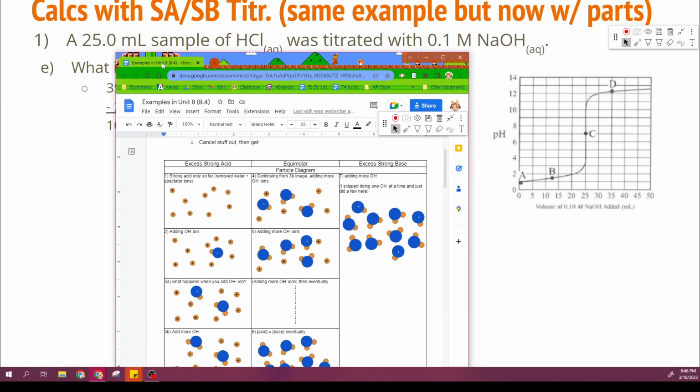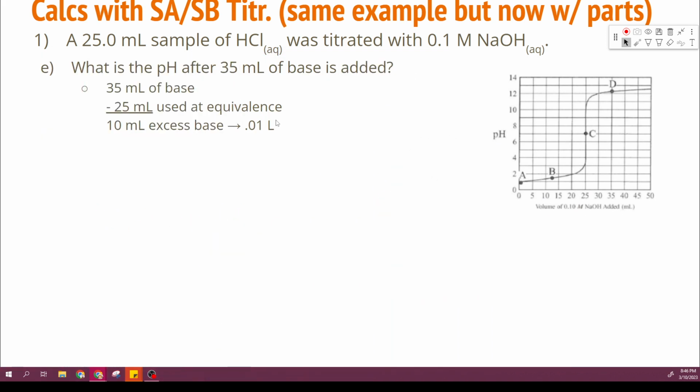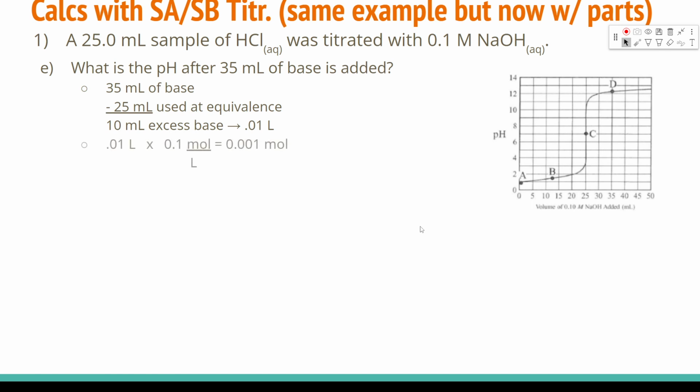So again, to go back to this picture, we are at this situation. I have over here my bases. And so those are the extra bases that are added. So I'm past the equivalence point. And so I use the molarity of the strong base. So here it is. I cancel out my liters. I got my moles. And so my new volume, we had started with 25 mL of the acid.